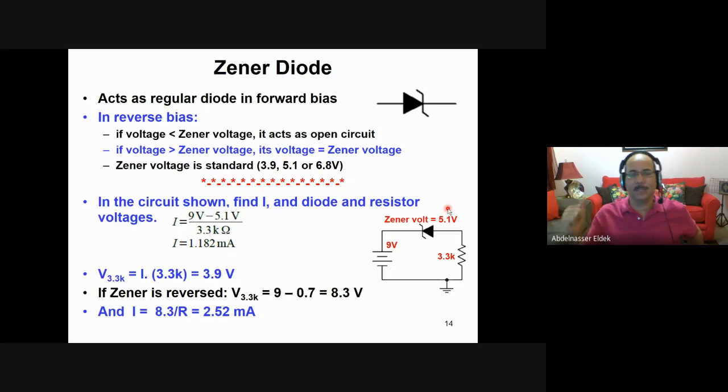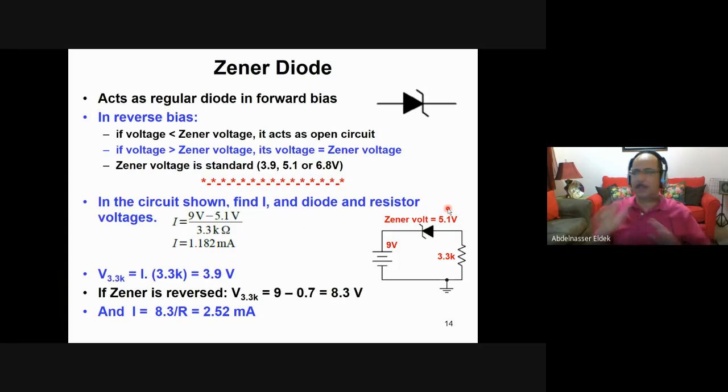So in the reverse mode, the voltage across this diode is 5.1 volt. If the voltage is less than 5.1, it will act as an open circuit. But if it is more than 5.1, it will act as a regulator. It will stop the voltage at 5.1 volt.